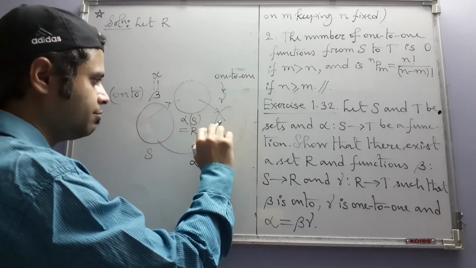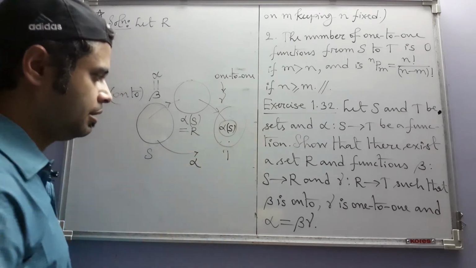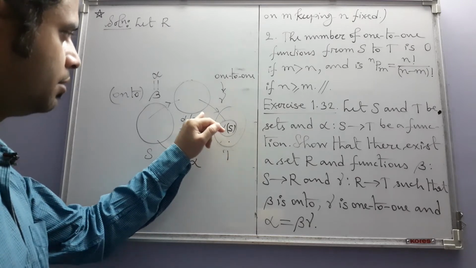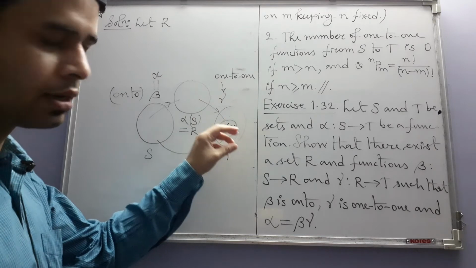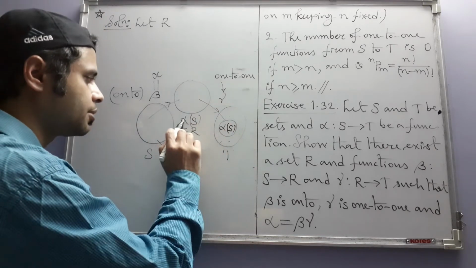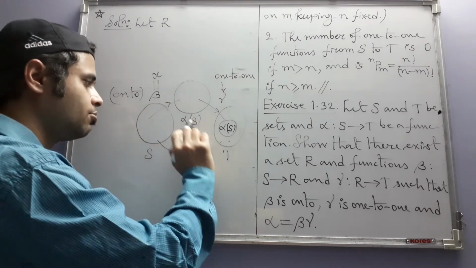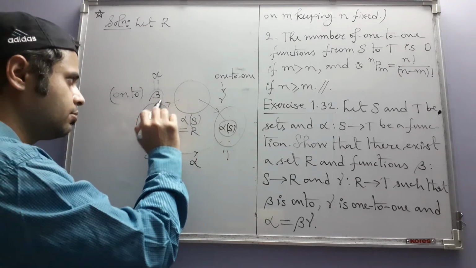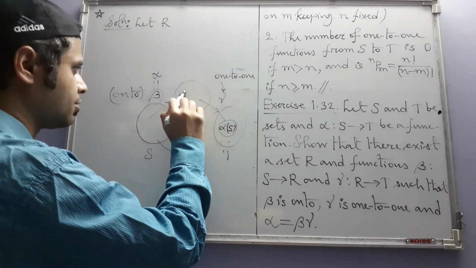Because if there was something in T outside of alpha of S, we have removed that possibility, because we have removed whatever is there in T outside of alpha of S from T, and we have obtained alpha of S itself. So as a function from S to alpha of S, alpha is onto, and that alpha is now beta. So this beta is onto, and this is our alpha of S.